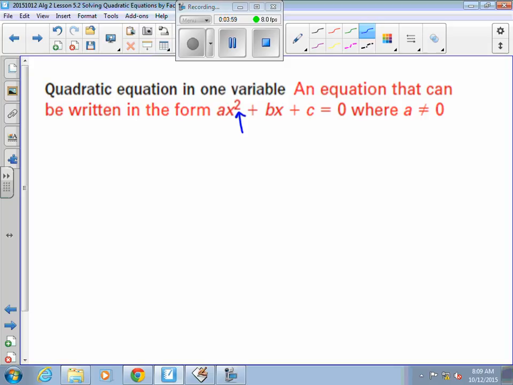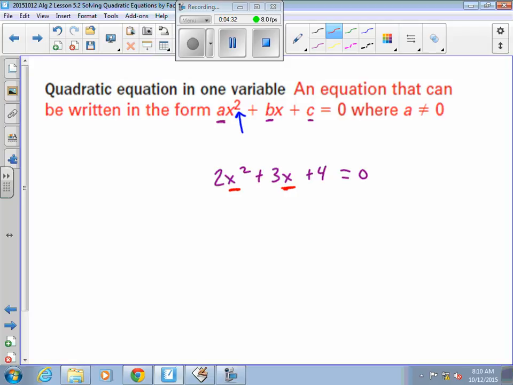Now, a, b, and c are letters. I know you can see those. But these are not representing variables. These are actually representing numbers. So an example of this would be 2x squared plus 3x plus 4 equals 0. Notice there is only one variable up there. Clearly, it's in two different degrees, one being x squared, one being x to the first power, but you don't see any other variable, and that's what it means by a quadratic equation in one variable.